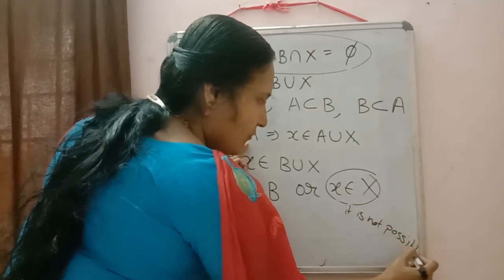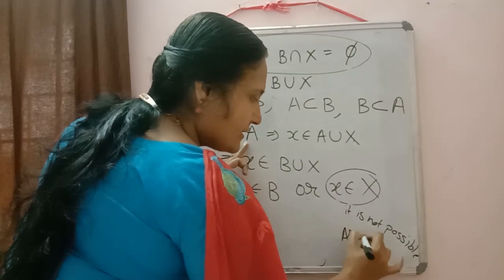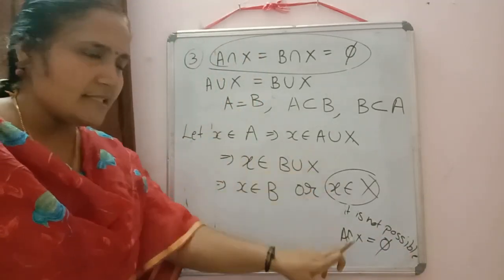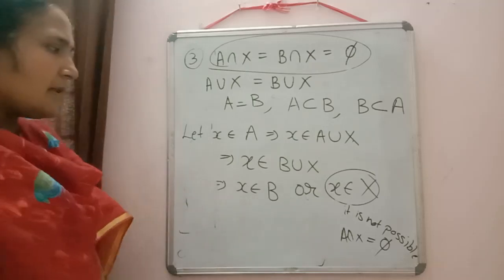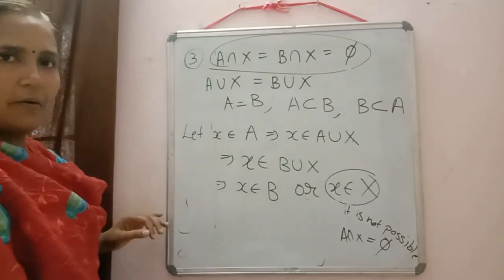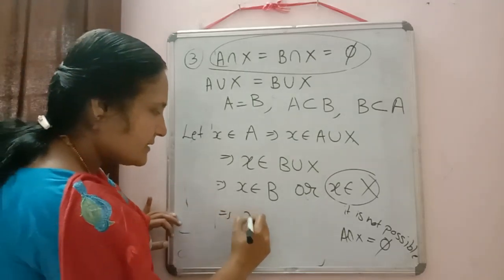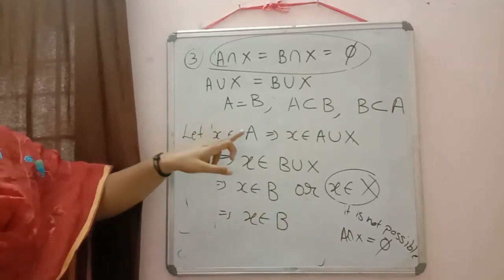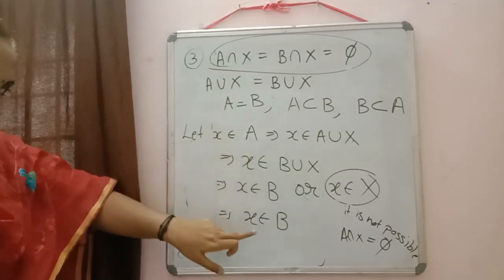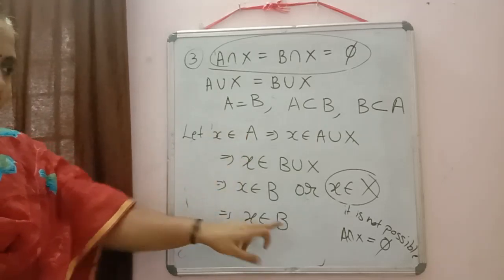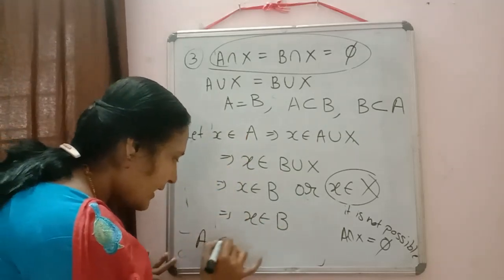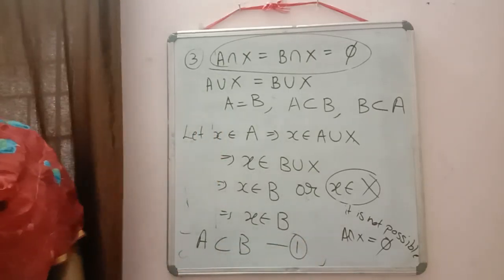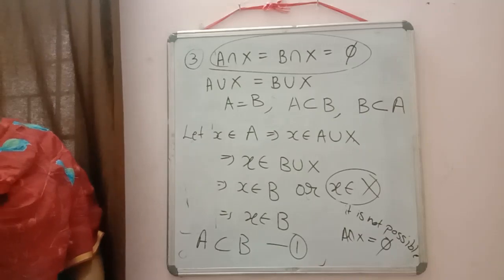Not possible. Why? Because A intersection X is equal to empty set. So this condition is not possible. Then what is the possibility? x belongs to B. So we have taken an element x belongs to A and we proved it belongs to B. So we can say A is a subset of B. Make it equation 1. So we got A is a subset of B.